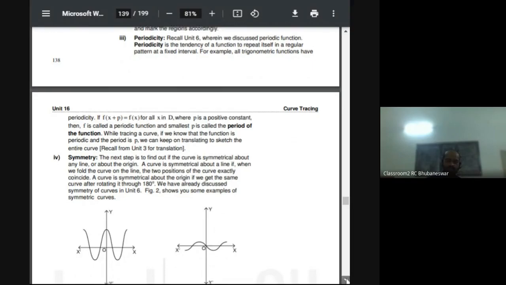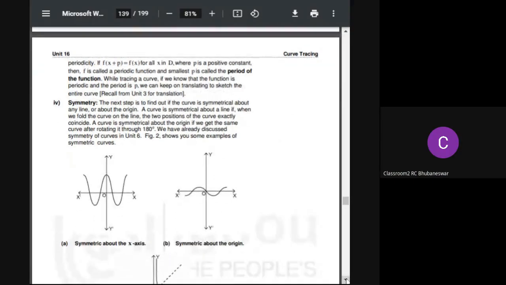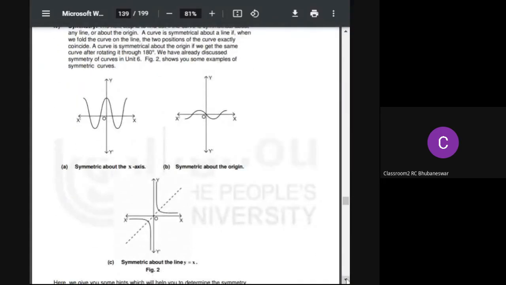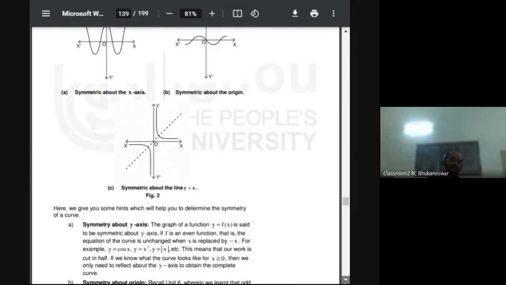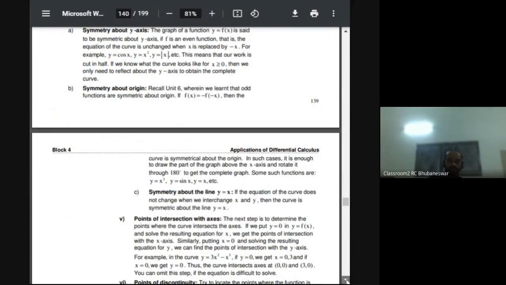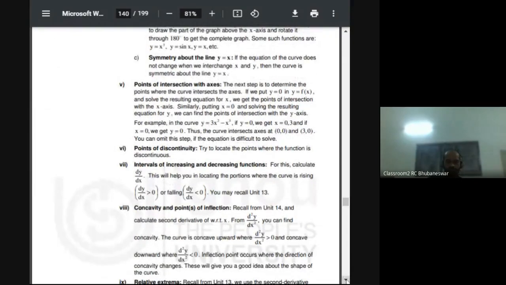It may be the x-axis or y-axis, or it may be any slant or oblique line. Then also we think about the y-axis, also we think about y equal to x. So these are the figures which explain symmetry about the x-axis, symmetry about the y-axis, symmetry about the origin, and symmetry about the line y equal to x.